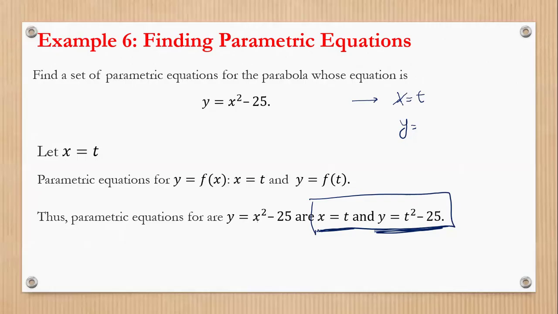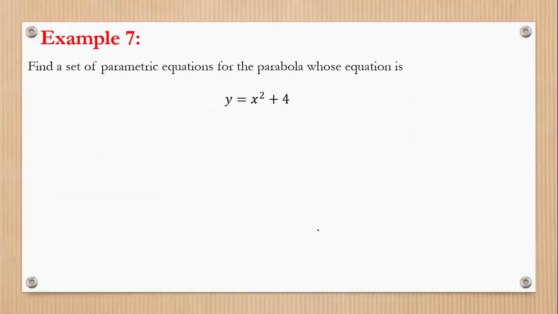So every time you are writing parametric equations, you need two equations, one for x, one for y. You always assume x is equal to t, and you only need to find the equation for y. And the last question, we want to find the set of parametric equations for this parabola. Again, the first step is setting x equal t.